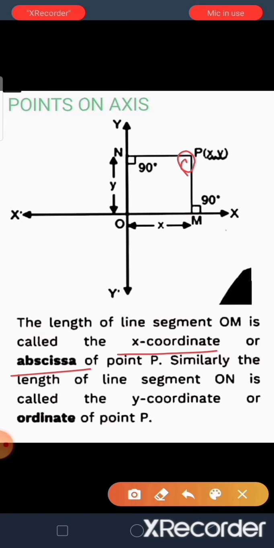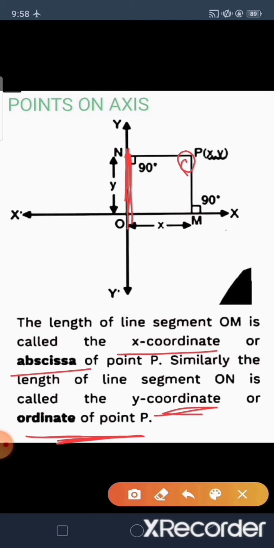Similarly, the length of line segment ON is called the y coordinate, or ordinate, of point P. For the second value of the ordered pair, the coordinate on the y axis is known as the y coordinate or ordinate.